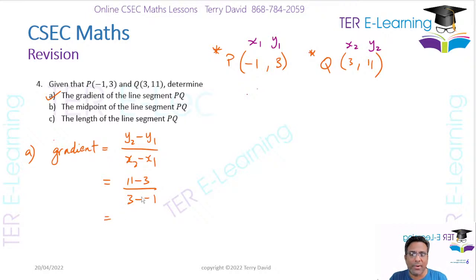Now 11 minus 3 is going to give me 8, divided by 3 minus 1, which is the same as saying 3 plus 1, so that's going to give me 4. So this gradient here is going to be 2. So like I said, that formula is not given to you in the exam. You still need to know it.